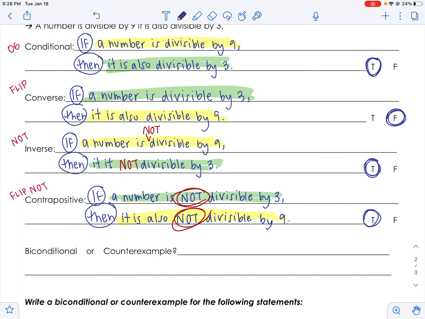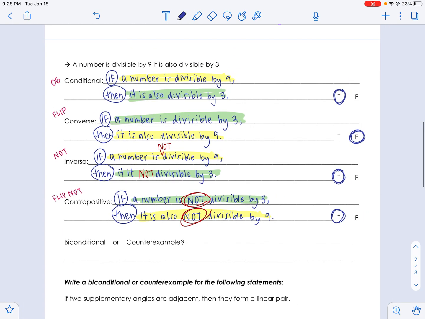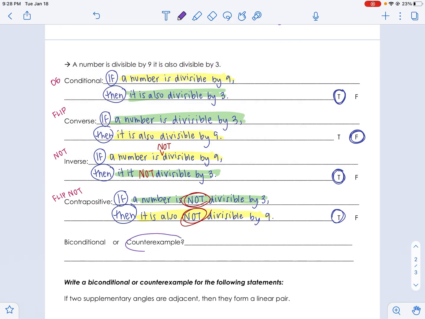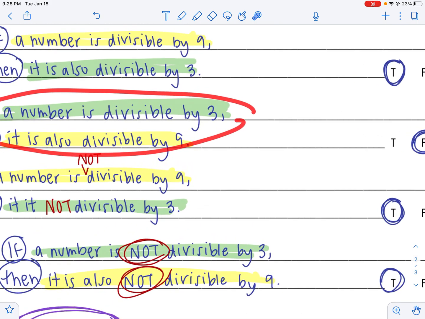Okay, so now we have to figure out biconditional or counterexample. So remember with a biconditional that the conditional and converse should both be true, but they're not, which means we can't write a biconditional. We're going to have to write a counterexample. Now, the way that a counterexample works is that it disproves a statement. So let's go back to this one that we said was false.